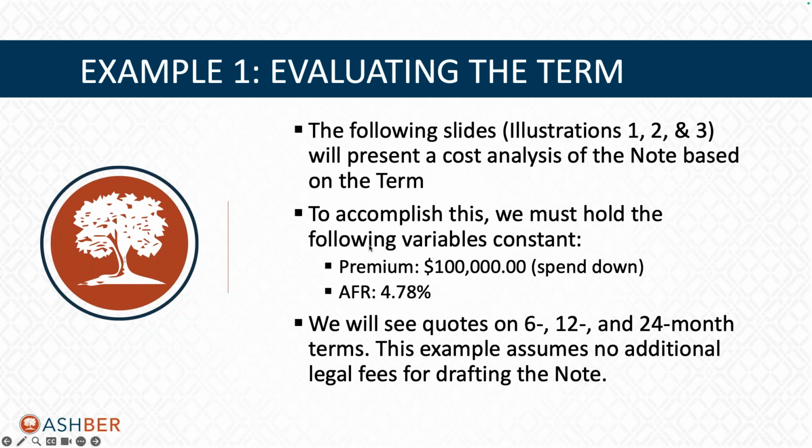Illustration 2 is going to be a 12-month payout, and the third illustration is going to be 24 months. So we're going to evaluate the cost of the note and the annuity at each term. And as I mentioned, we're going to assume the premium of $100,000 for the community spouse to spend down. And then we're also going to assume April's applicable federal rate of 4.78% has to be applied to make the note compliant.